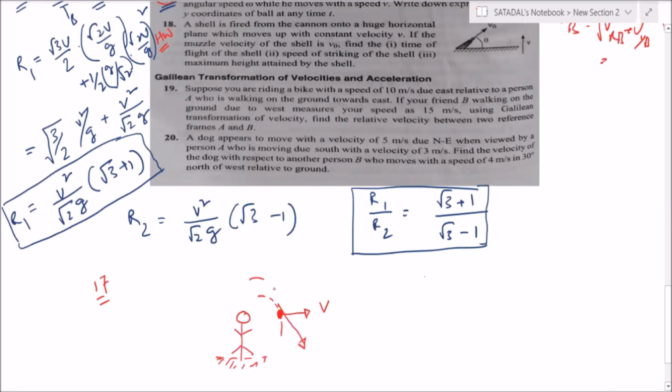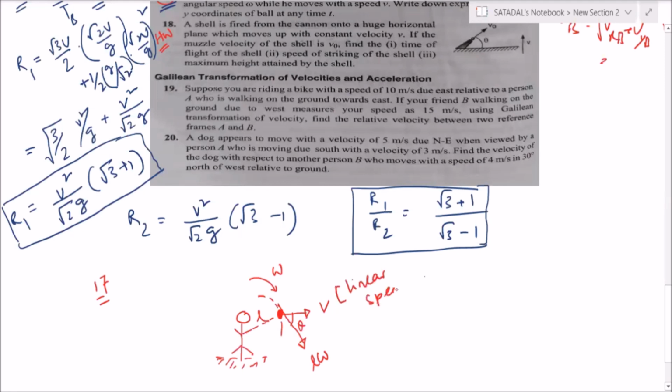Correct? This is the direction of omega in which the hand is rotating. If his hand has a length L, then in this direction he has velocity L omega. Let us take this angle as theta.